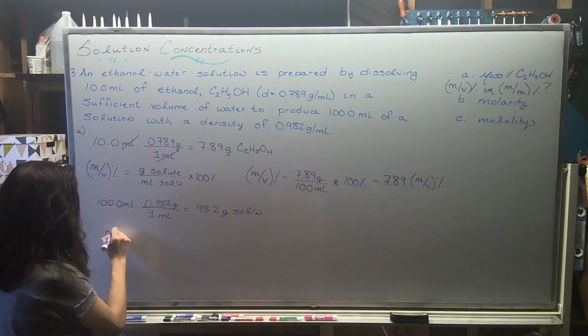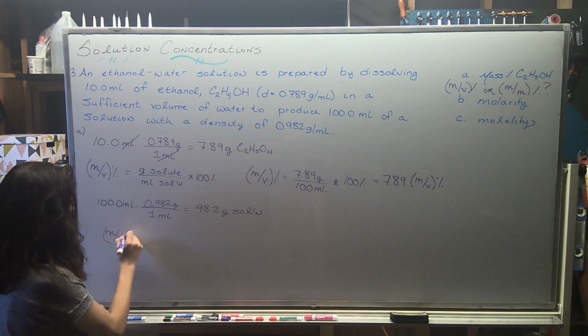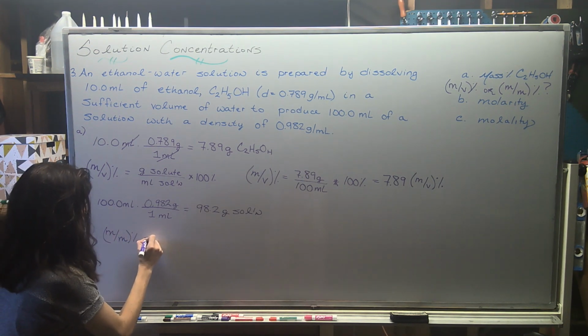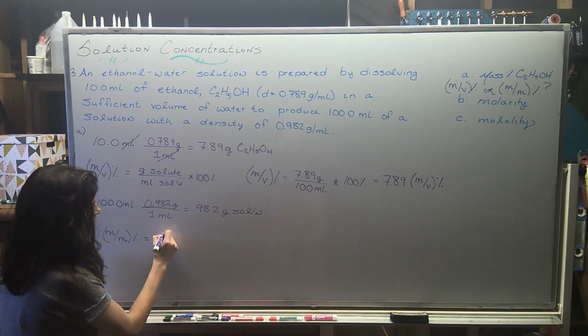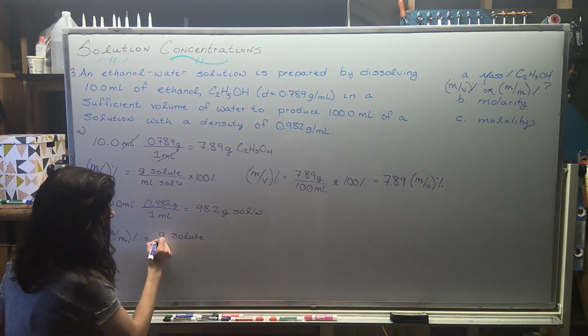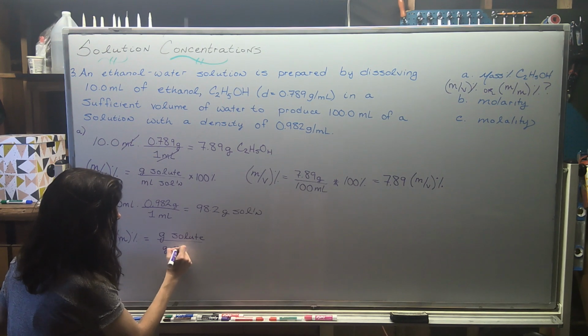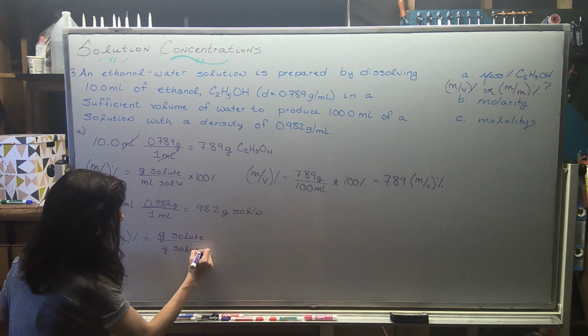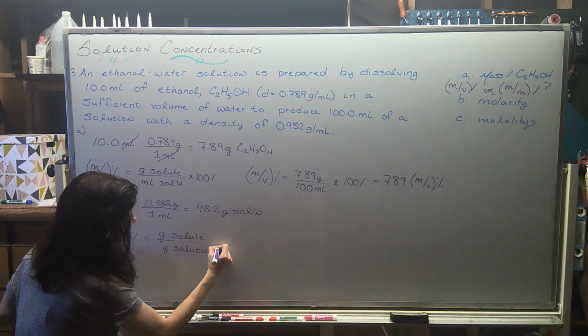And so to do the mass by mass percent, if we're asked for that, I'm going to do the grams of solute all over the grams of the solution times 100%.